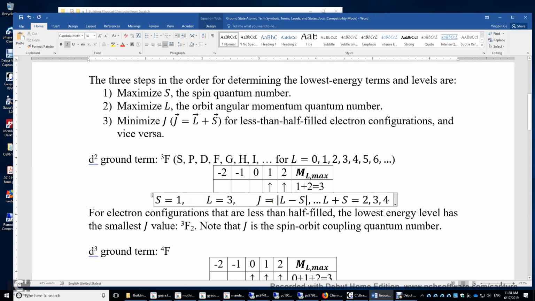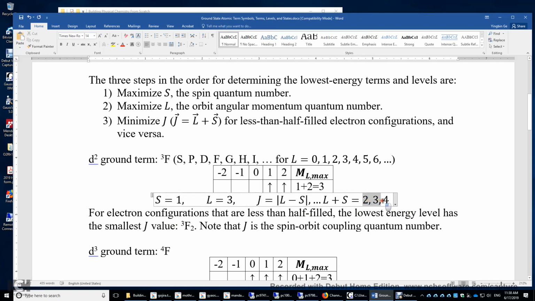And J goes from |L minus S| to L plus S. Therefore J can be 2, 3, and 4. So you use 3 minus 1 all the way to 3 plus 1. If S is greater than L, then you have J from S minus L. Again, this is the absolute value of the difference between L and S. For electron configurations that are less than half filled, the lowest energy level has the smallest J value.